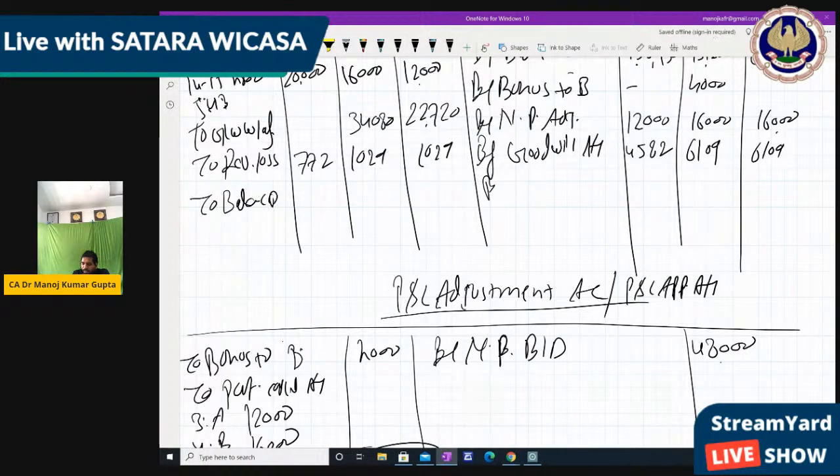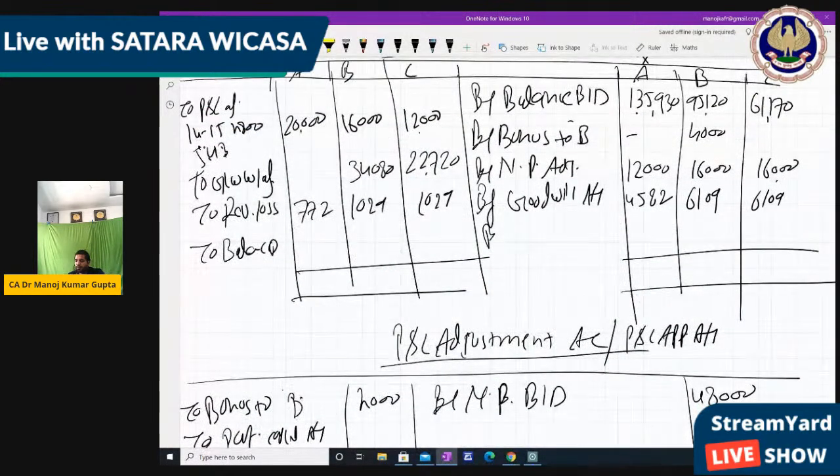To balance carry down, whatever the balance, just calculate carry down: 135,930 plus 12,000 plus 4582. This comes to 152,512. Right?